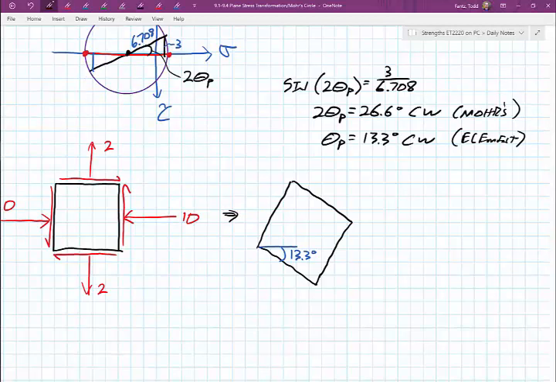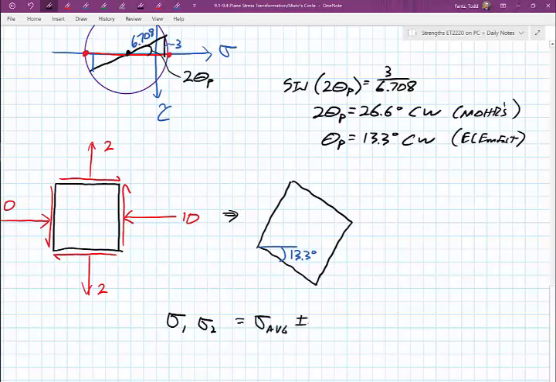Let's see, I could find these values by using the fact that I know mathematically that those 2 values, I'm going to call them sigma 1 and sigma 2, are equal to the average, which is the center of the circle, plus or minus the radius of the circle.